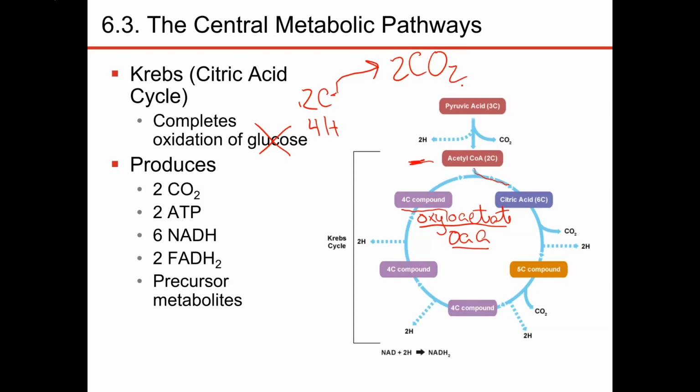And we also have to have the different coenzyme carriers that are going to get reduced when we oxidize that acetyl group. And so for each acetyl group, we have 3 NAD that gain hydrogens, and we have 1 FAD that gains a hydrogen.